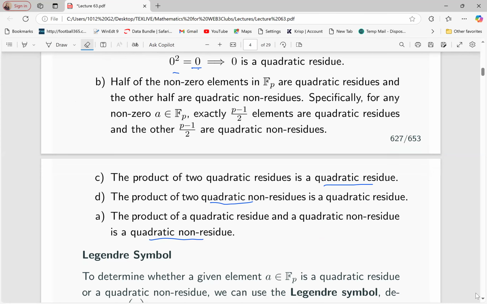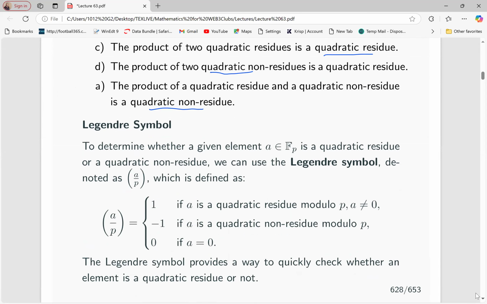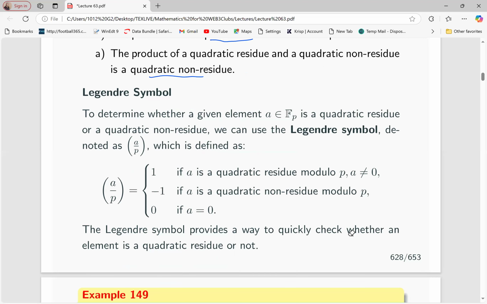But before we see the application, there's something very much related to this, what we call the Lagrange symbol. And what does it say? It gives us an easy way of determining numbers which are quadratic residues and numbers which are quadratic non-residues. So it's an easy way of identifying numbers that have square roots and those that have no square roots.